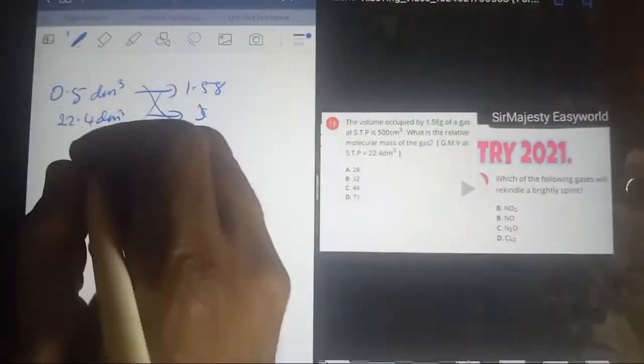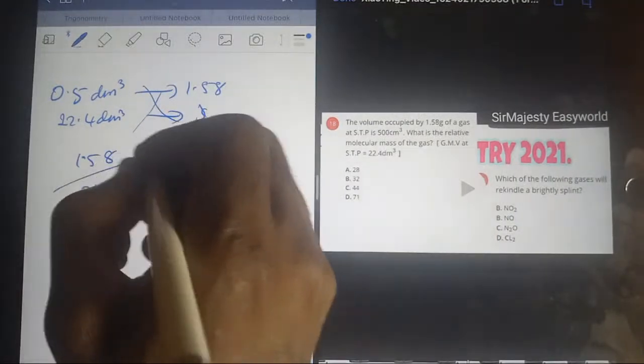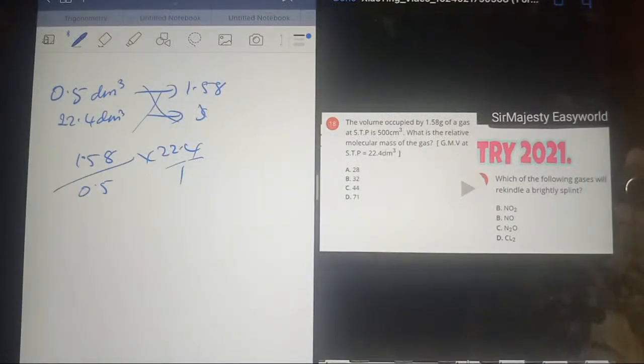So cross multiply: 1.58 divided by 0.5, times 22.4 over 1. So you can see where the answer is. It shows that that should be chlorine gas, that is 71. Okay, then that's D.